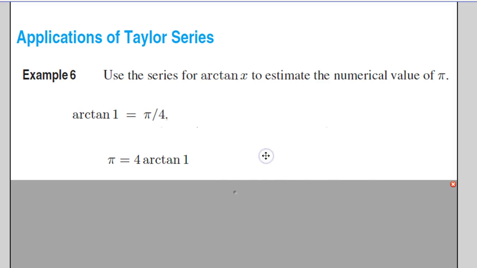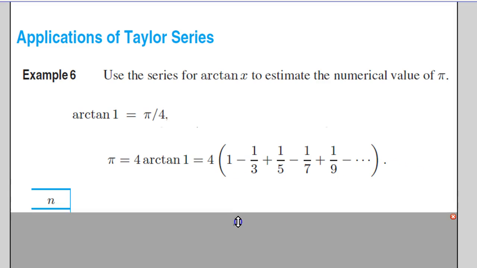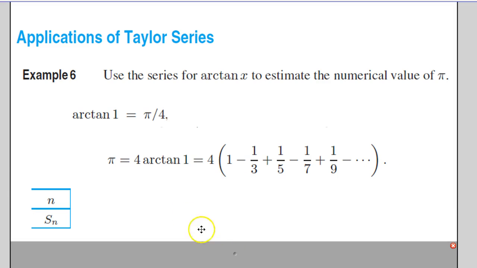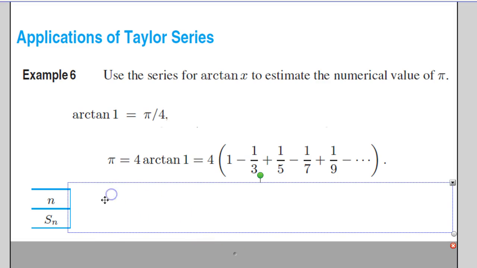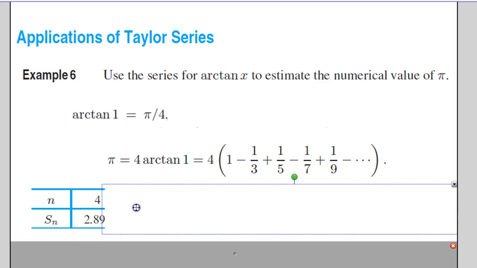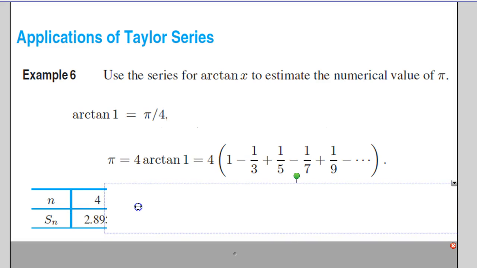And I already have determined the Taylor series for the arctangent of x, where x is 1. And we end up with something like this. And so it simply can be found using a table of values for partial sums. Let's say S sub n represents the nth degree polynomial term of a Taylor polynomial.